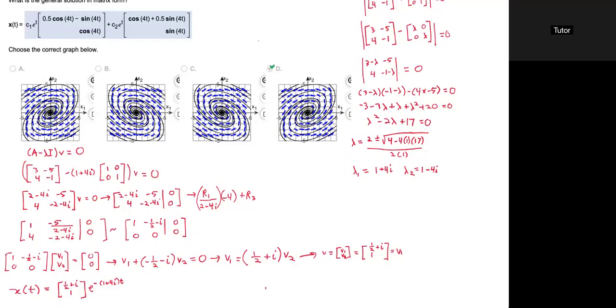Euler's formula is the following: e to the ikt is equal to cosine kt plus I sine kt.